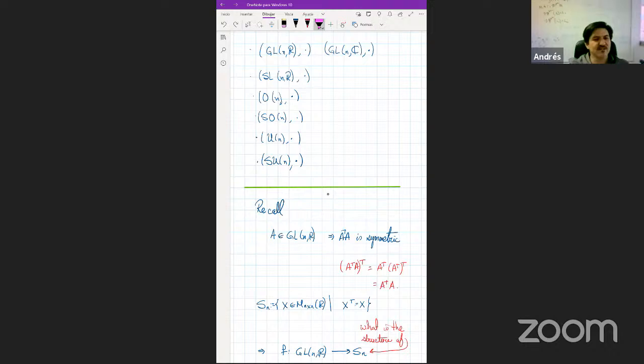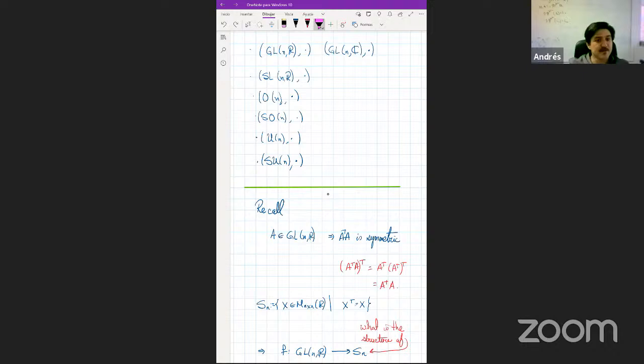What is the algebraic structure of the set of symmetric matrices? It's a group. Come again, Moises? It's a group. A group? Under which operation? Multiplication of matrices. Multiplication? Okay, let's see.